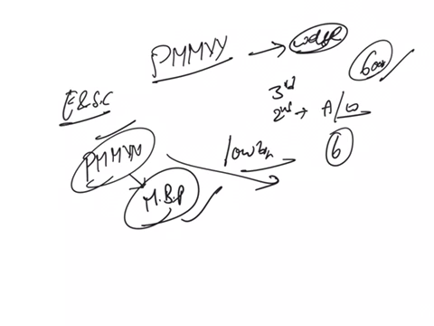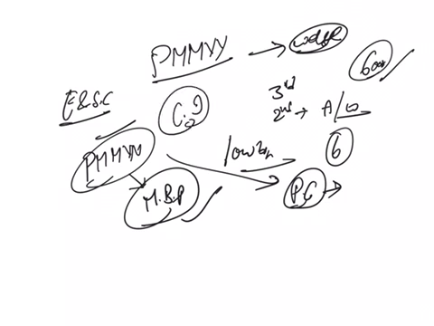So this program was launched with an objective to provide partial compensation for the wage loss in terms of a cash incentive, so that women can take adequate rest before and after the delivery of the first living child.